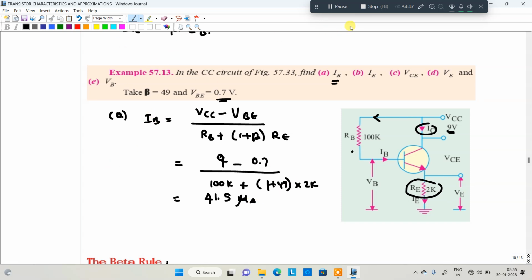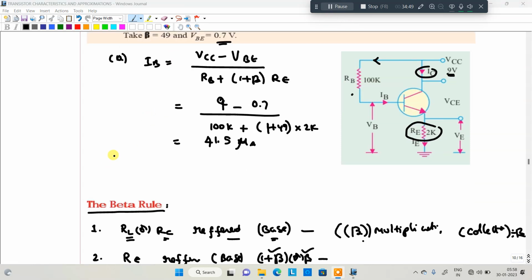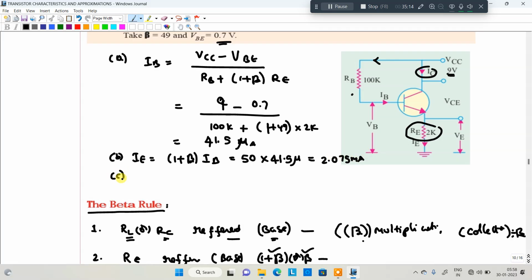Next, part B, the IE value. IE is equal to 1 plus beta into IB. You know that formula. So 1 plus 49, that is 50, into 41.5 microamperes, which is equivalent to 2.075 milliamperes. Next, part C, VCE.